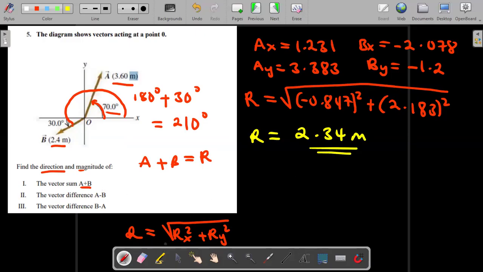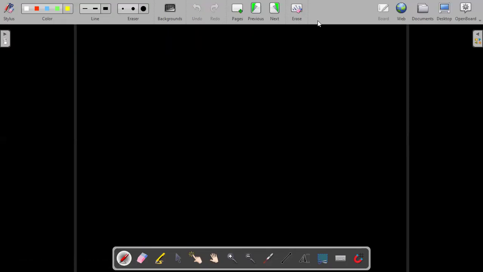So now, this A plus B can be written out. How do we write that out? As we said, we had first of all one vector which is going in the negative direction, negative 0.8 something.